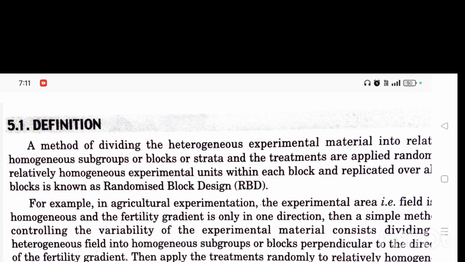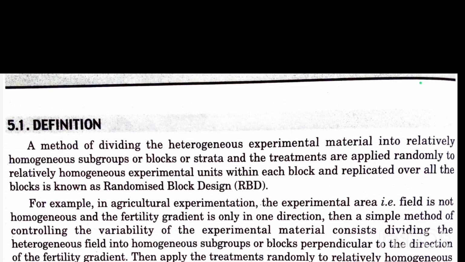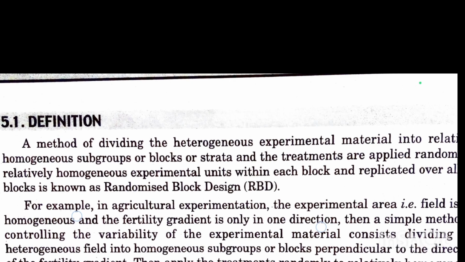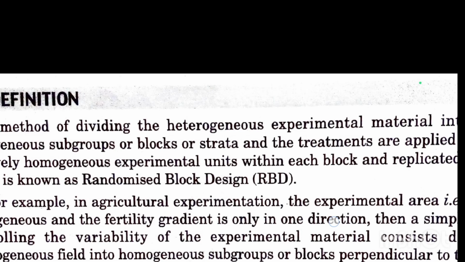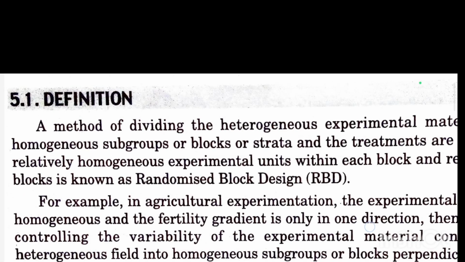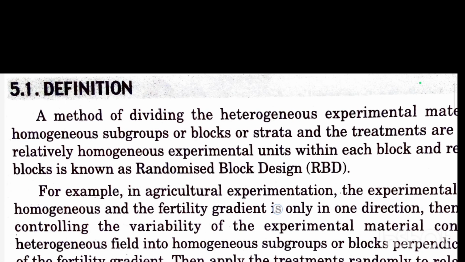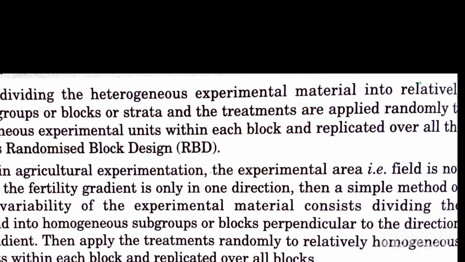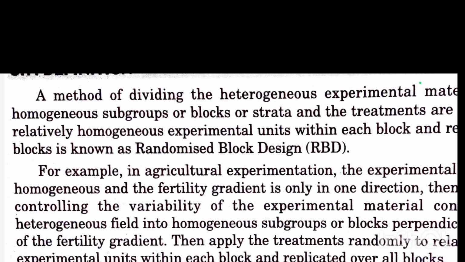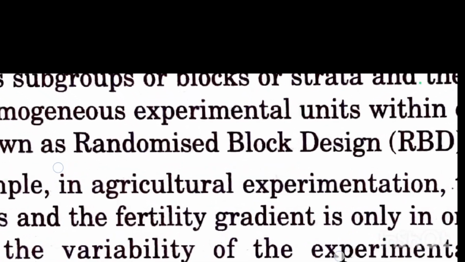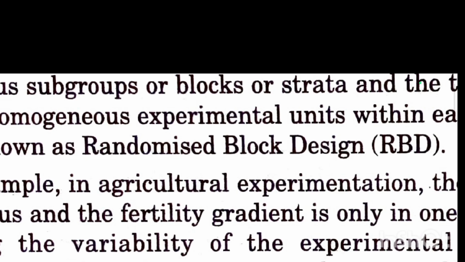Definition: a method of dividing the heterogeneous experimental material into relatively homogeneous subgroups, or simply blocks or strata, and the treatments are applied randomly to the relatively homogeneous experimental units within each block and replicated over all the blocks, is known as randomized block design. In short form we call it RBD.